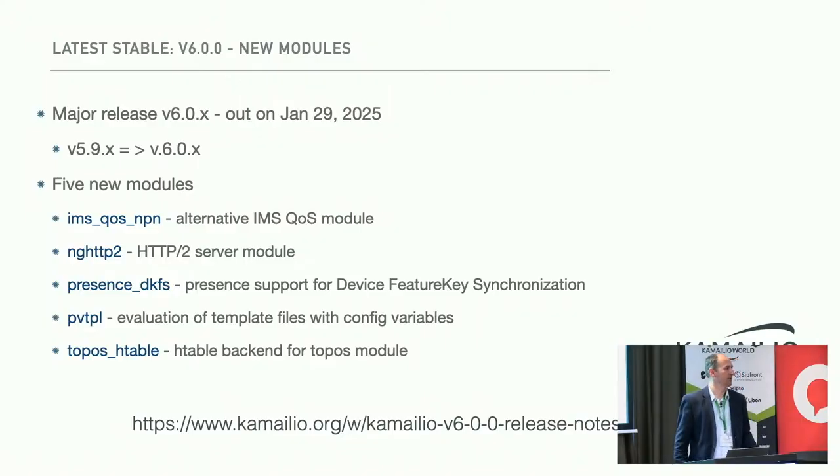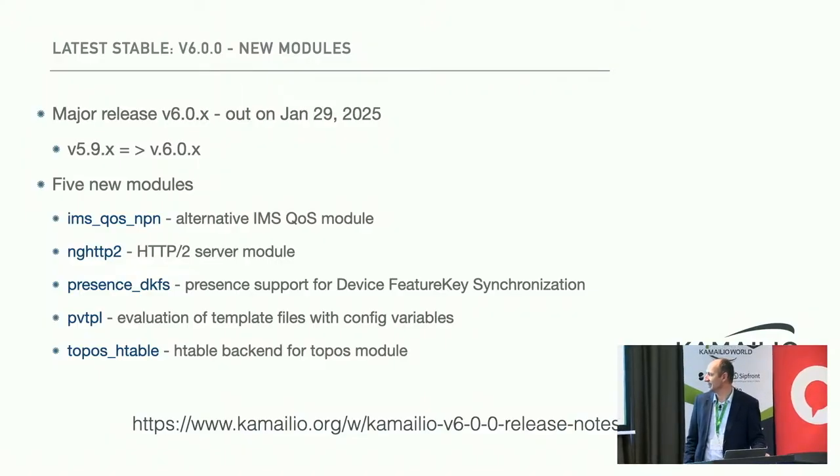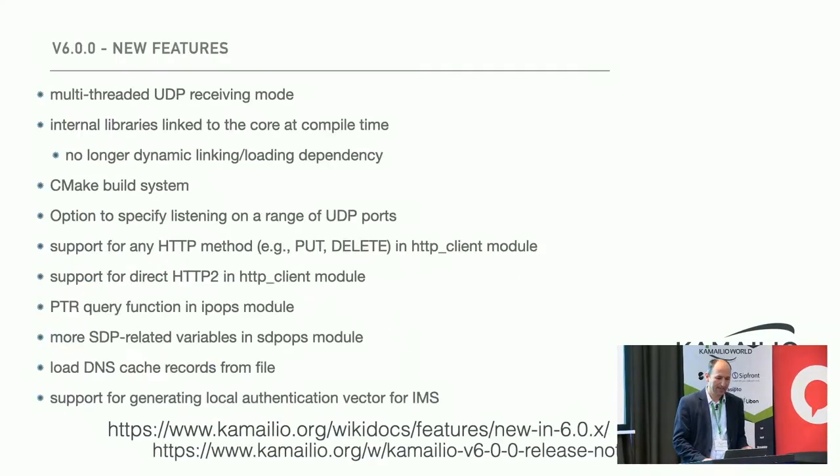And Dragos, the initial author of the IMS modules, should be here soon, I guess. He lives in Berlin, but probably had a long party last evening. He contributed this module, which is about quality of service.